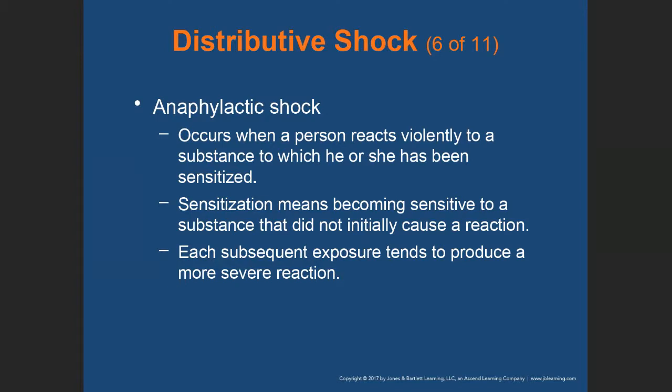So the patient has two significant issues at this time. The blood vessels are too dilated, so the pressure inside the blood vessels drops, which affects the cardiac output. That's distributive shock. And the patient cannot breathe properly. This is what we call anaphylactic shock.